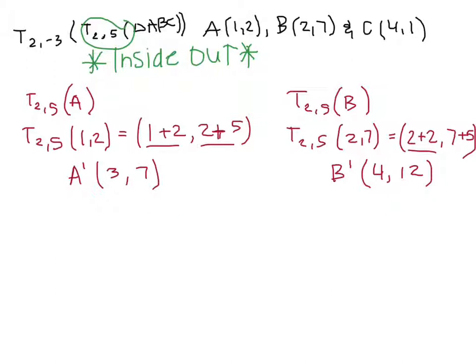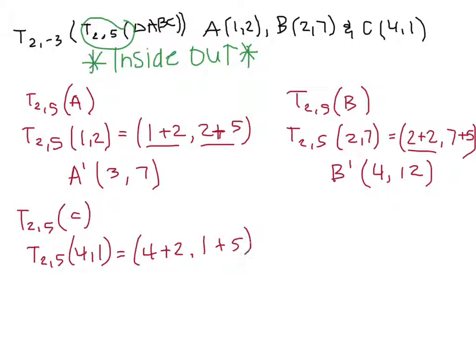And now I need to do the same thing for point C. So everybody go ahead and do the same thing right now for point C. I want you to do this on your own, and then when you're done you can go ahead and check, look up at my answer and see if I got the same thing that you got.